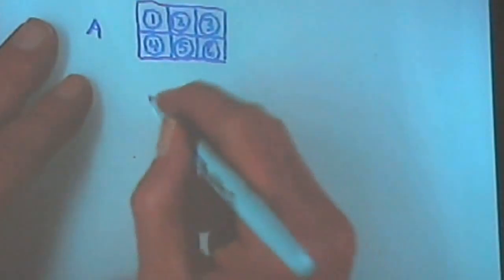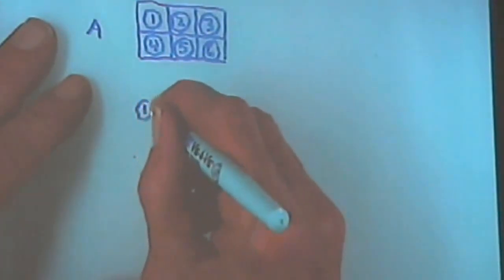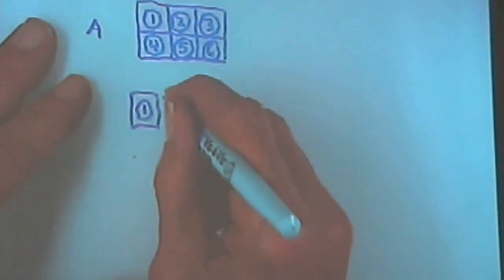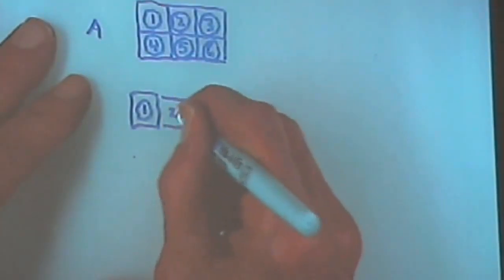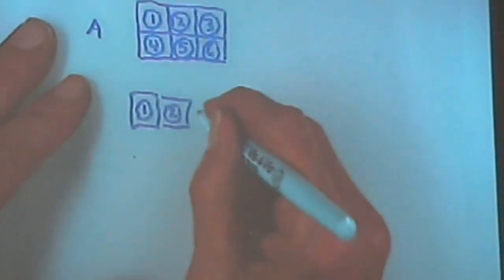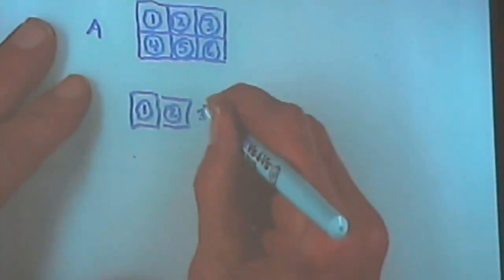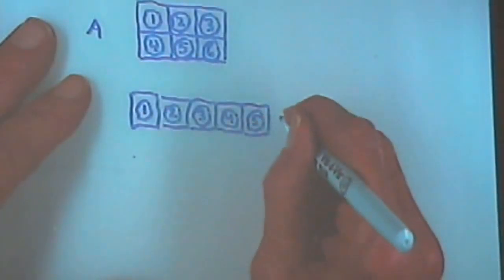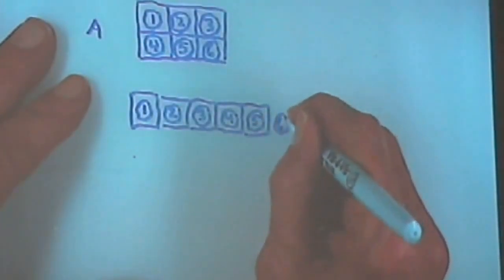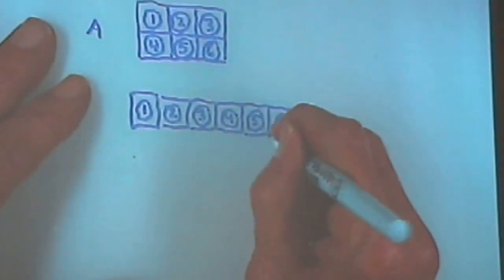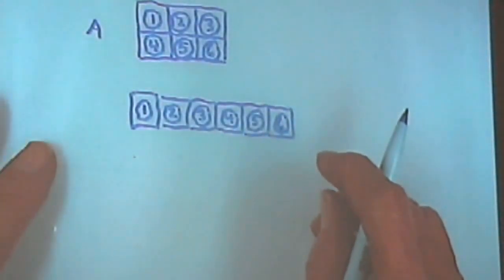Now rearrange the cells. So it looks like this.